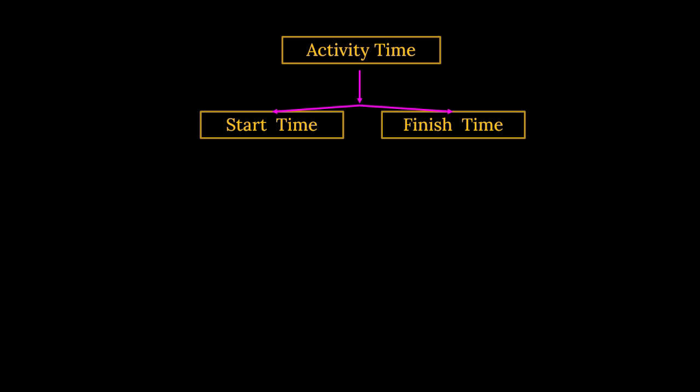Now there are basically two different kinds of approaches. One is that, suppose I have given you a task and I have told you that this task can be completed in 7 days. Fine. And the task is simple, for example, painting of a particular area.